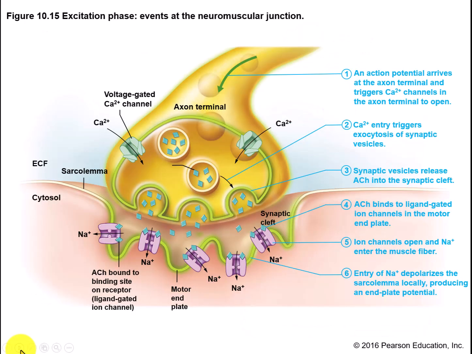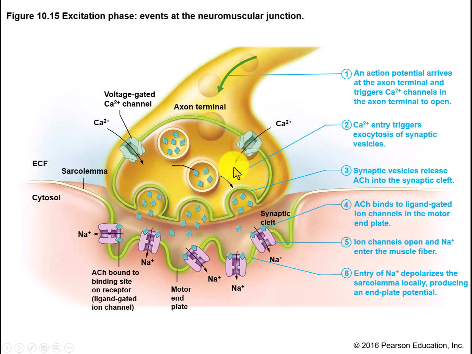And so again, our excitation phase. So excitation phase is our first phase of muscle contraction. First step of excitation is an action potential arrives at the axon terminal. When that action potential arrives, and remember this is depolarization, repolarization, so we are changing the polarity of the axon's membrane, and that causes voltage-regulated calcium channels to open.